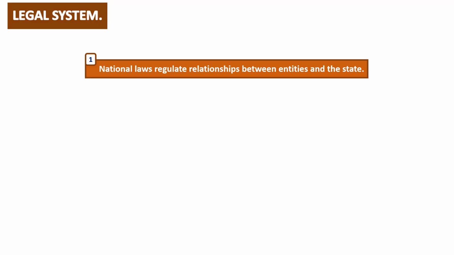So, laws within nations normally regulate relationships between entities and that nation or state. In some nations that are federal, like the United States, Nigeria, etc., where individual states within the country are autonomous, they will also have laws regulating citizens or inhabitants of those states and the state itself.